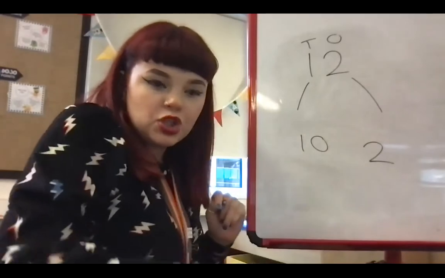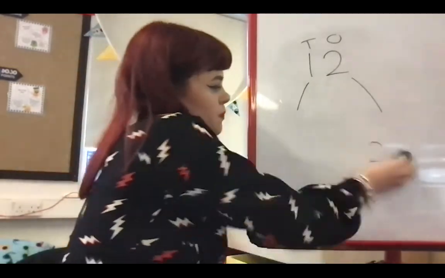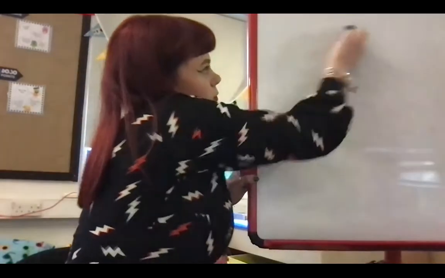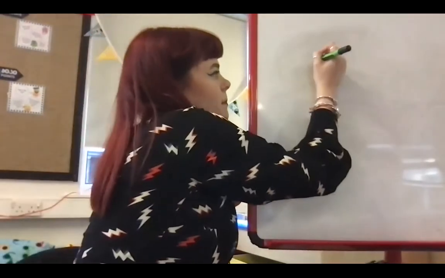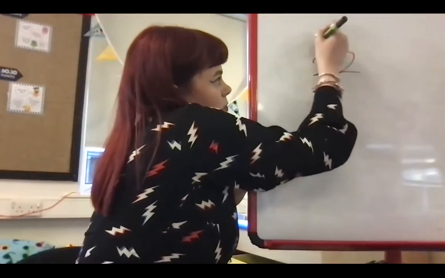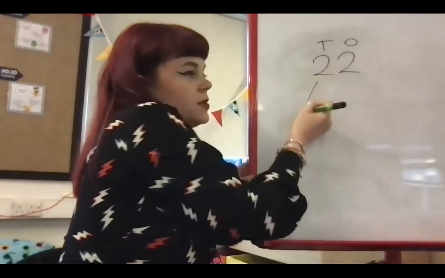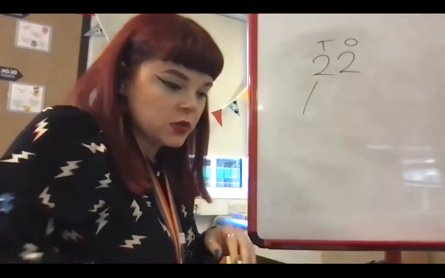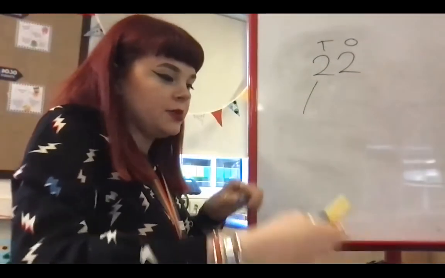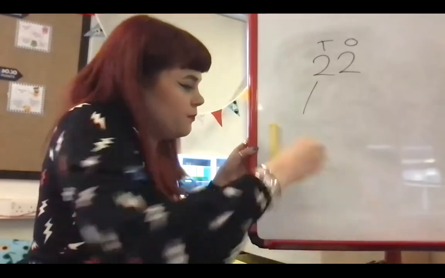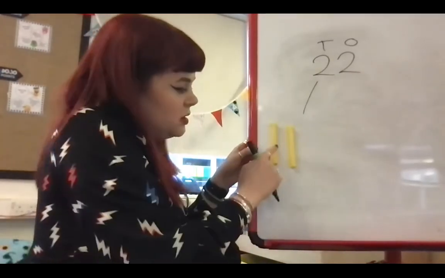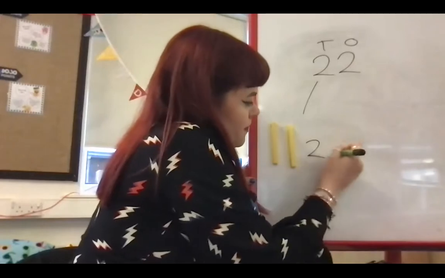Now then, number 2 is the number 22. Okay, so we're going to start with our whole number of 22. Now, if I was going to partition it into its tens and ones, on this side, I would have 2 sticks of 10, which stand for 10, 20.